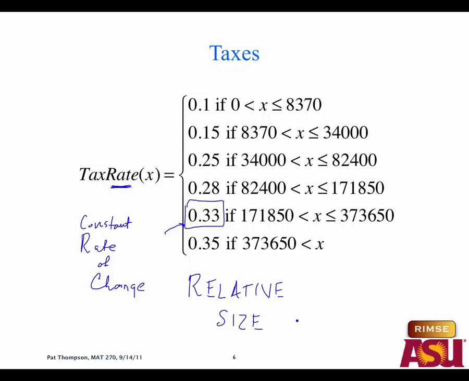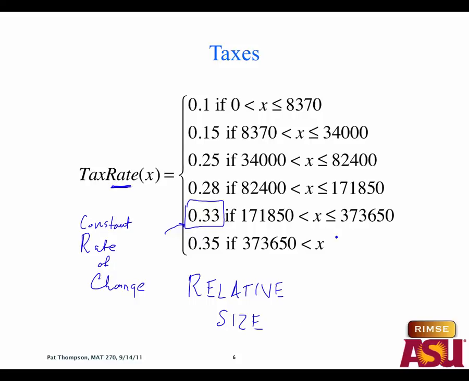Is it a tax rate, not tax due? No, that is the rate. 0.33 is the rate. And so that's the relative size of how much you owe for the next little amount that you make. In this bracket, it's always 1/3.